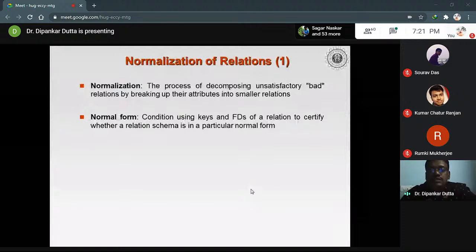There are separate conditions for each normal form.